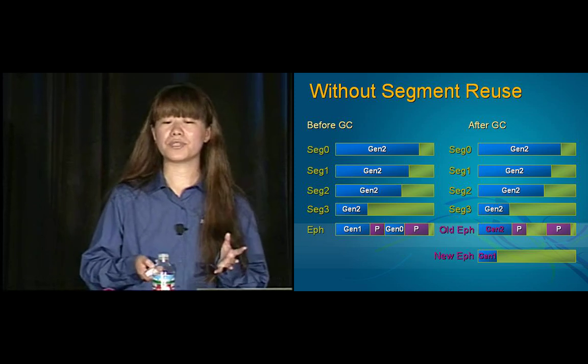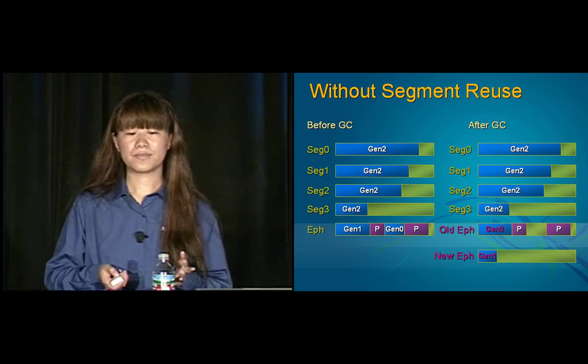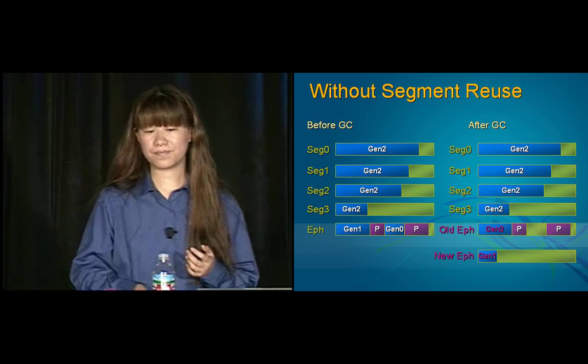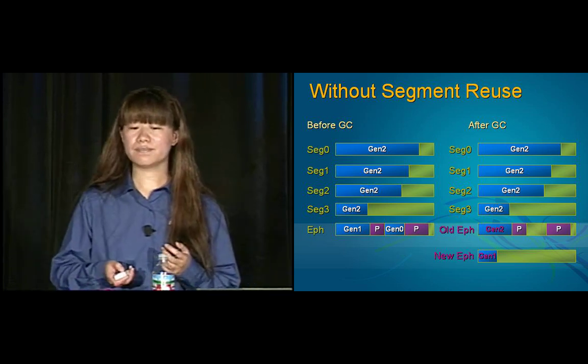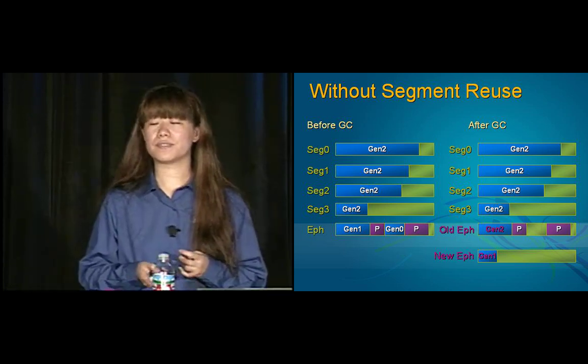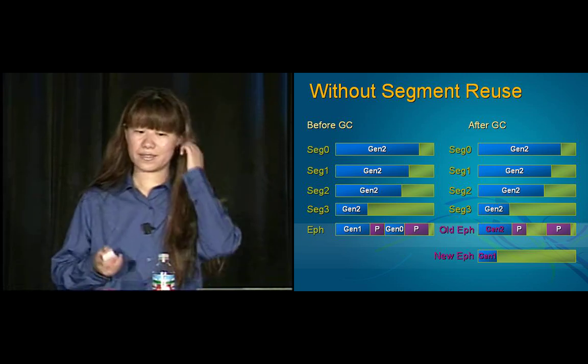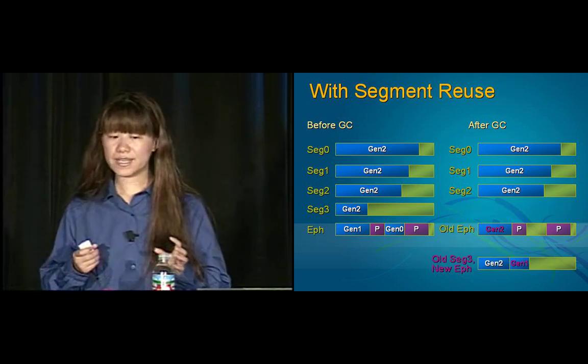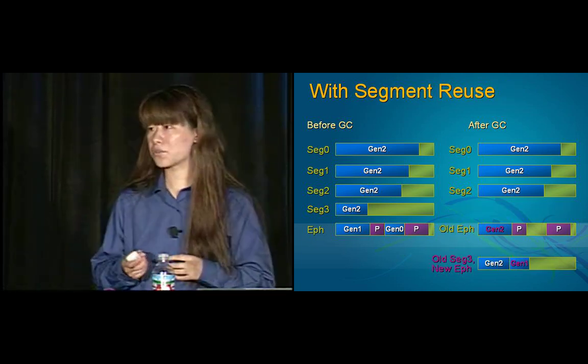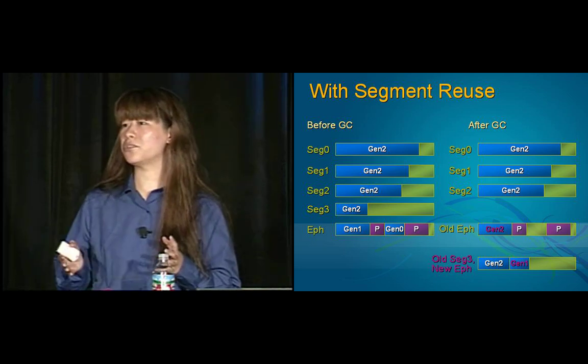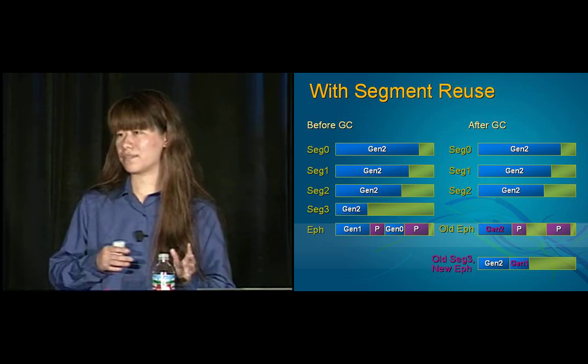With segment reuse, we have this other picture, the same before GC. After GC, instead of acquiring a new segment, we look at the heap and say that segment 3 is quite empty. I can fit my new Gen 1 into this Gen 2 segment.